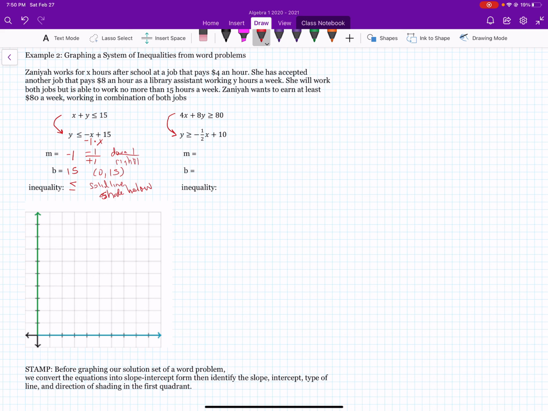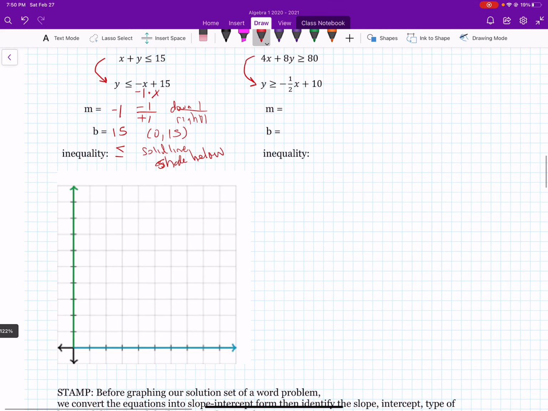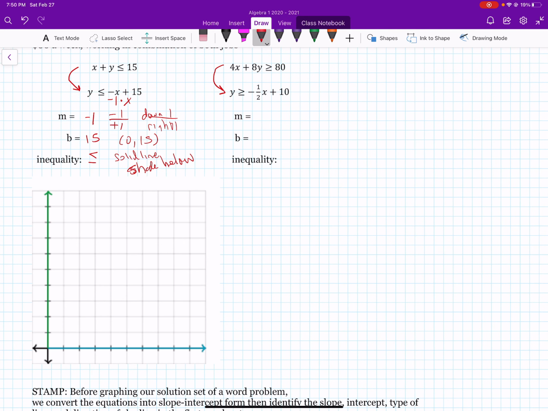All right, so let's graph. Oh, but wait, our graph is too small. There's only 1, 2, 3, 4, 5, 6, 7, 8, 9 places. So what we need to do is rewrite this graph to make sure it is graphable. So I just go by 2's then.